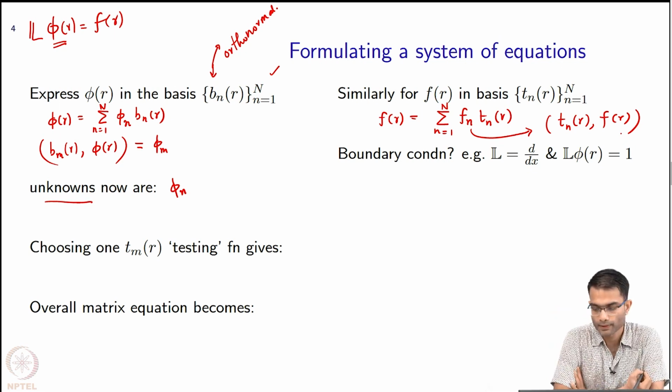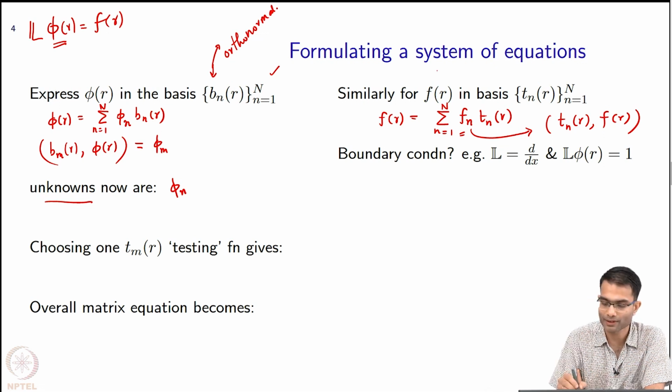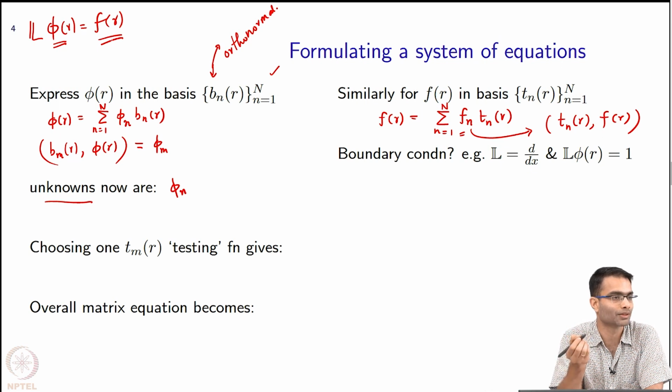Okay, so far nothing very complicated. Is f n known? F n had better be known, because we said that f of r is known, it is given in the problem, it is a known right hand side. If f is known, then its projection on any known basis function is also known.